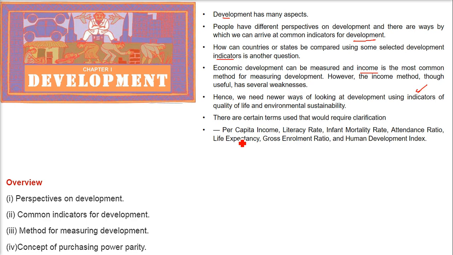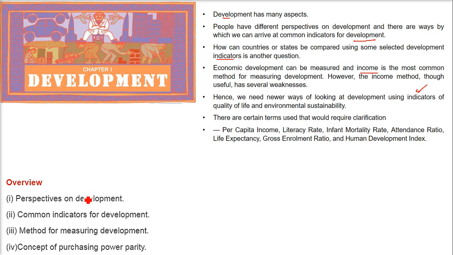Okay, so we have certain words coming up like per capita income, literacy rate, infant mortality rate, the attendance ratio, life expectancy, gross enrollment ratio, and human development index.